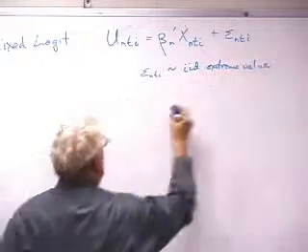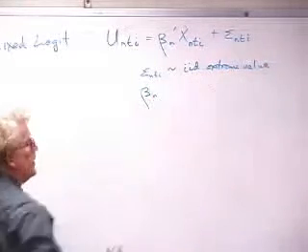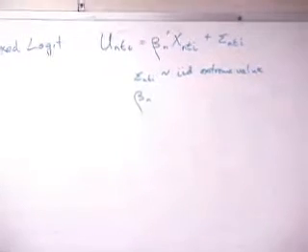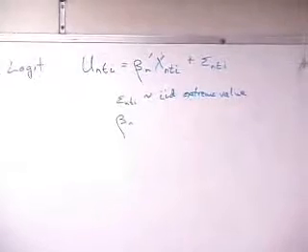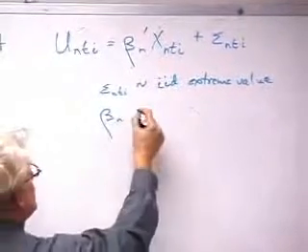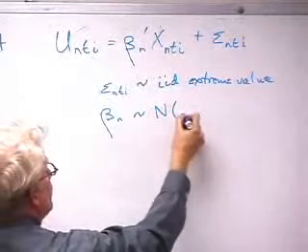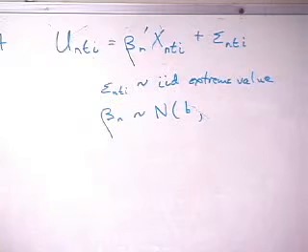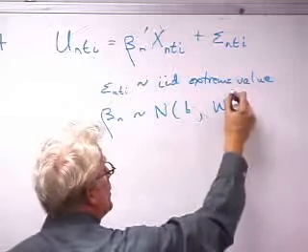And beta n, I'm going to assume for this analysis, because it makes the analysis extremely easy to see and operate, that they're distributed normal with mean b in the population and covariance W in the population.